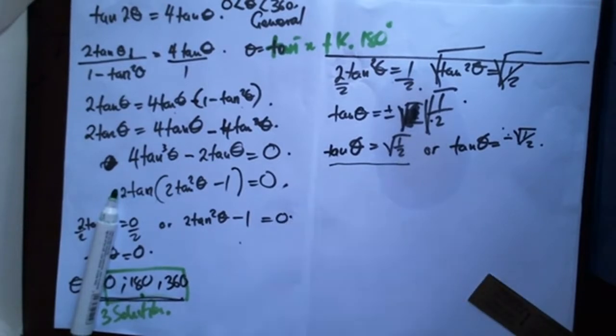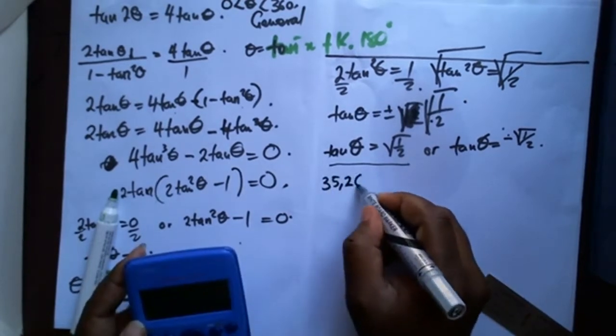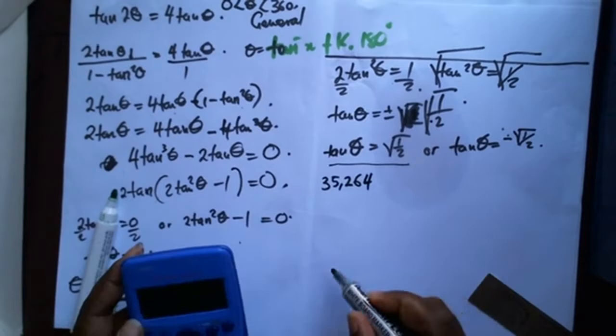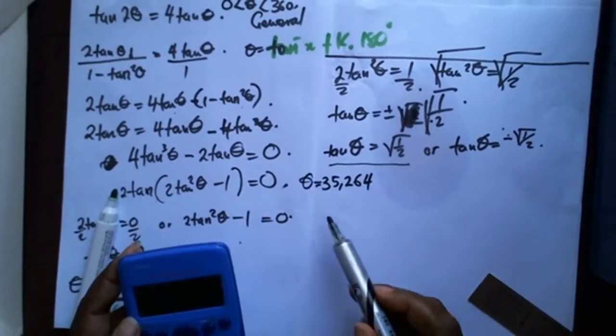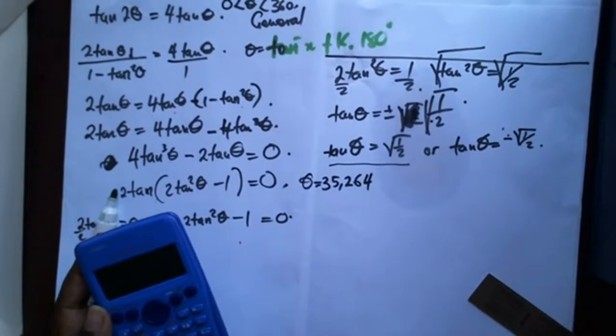So also on this side, which is the negative. First I'm going to deal with this side. So shift tan the square root of 1 over 2 is equal to 35.264. So theta is equal to 35.26, but remember, by the general solution, it will simply ask me to add 180.